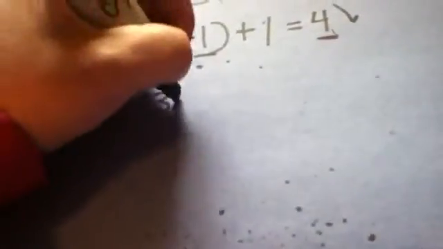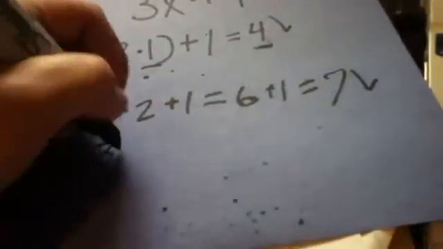So now we're going to check step 2 and step 3, since we have the data for that. Okay, so 3 times 2 plus 1 gives us 6 plus 1, which is 7. And yep, that's what we got. And 3 times 3 plus 1 is 10.